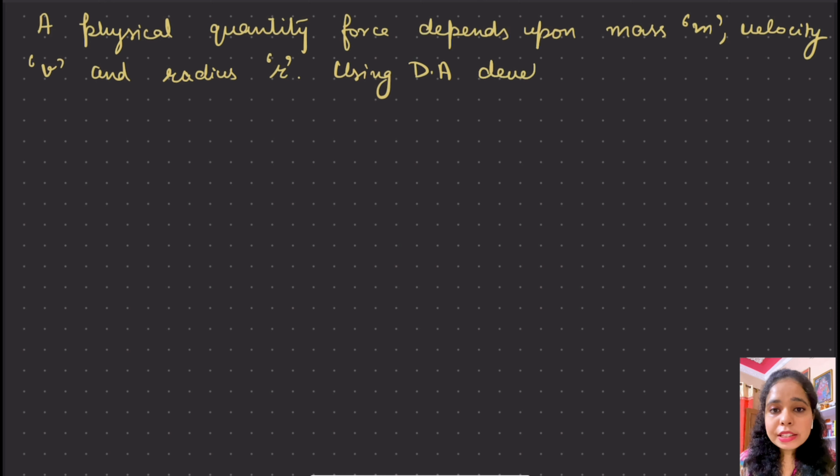So you can get the question like this. So we can determine the relation between force, mass, velocity and radius with the help of dimensional analysis.